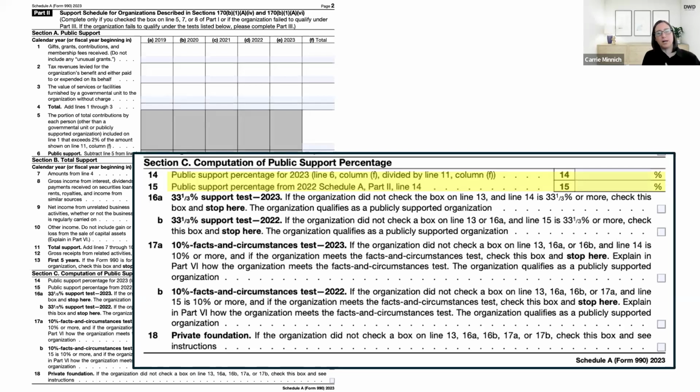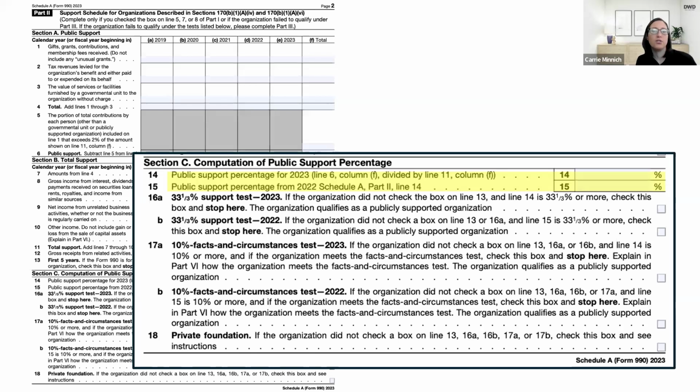There are 2 different public support tests, and which test you complete depends on whether you picked number 7 or number 10 in that first part. So you're not going to do both of these public support tests. You're only going to do one based on what number you picked on that first page. So for the first one, you're going to make sure that it's 33 1/3%.